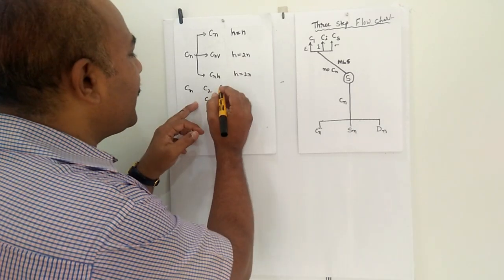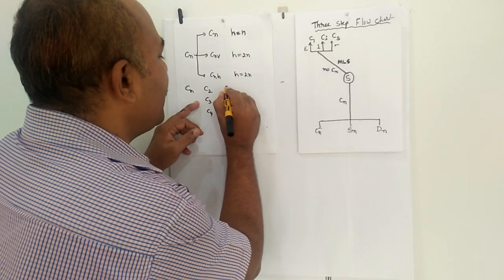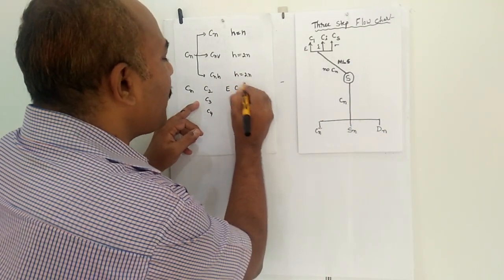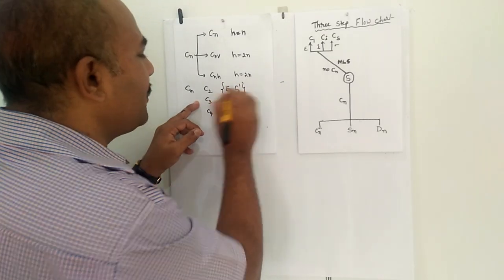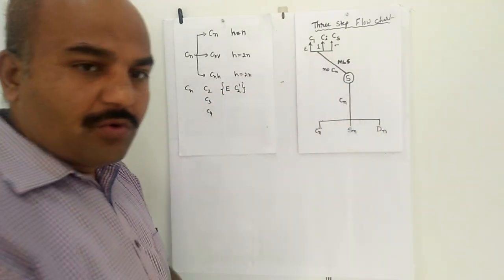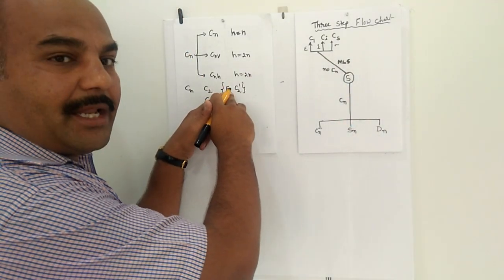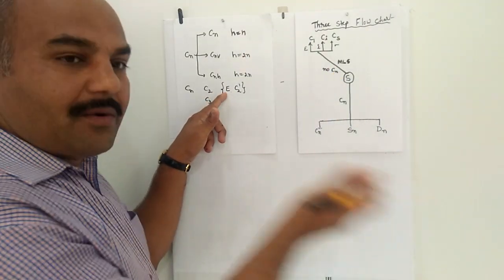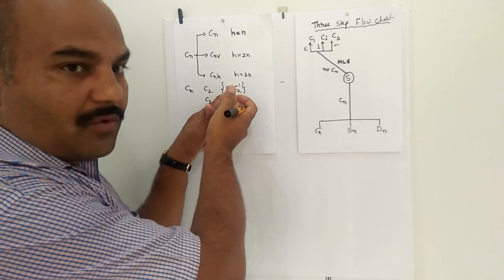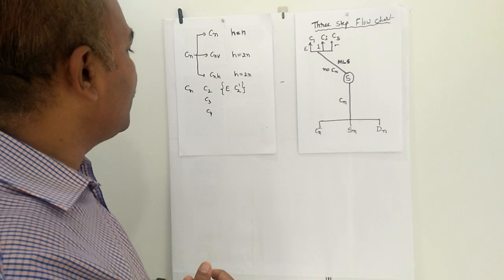So this indicates, apart from the identity element, one more element is present. That is the identity element and the proper C2 1 rotational axis. You cannot write C2 2, because C2 2 is again equal to the identity element, Cn to the power of n, whether n is odd or even, is equal to the identity element, as we know earlier. So yes, there are 2 elements present here.